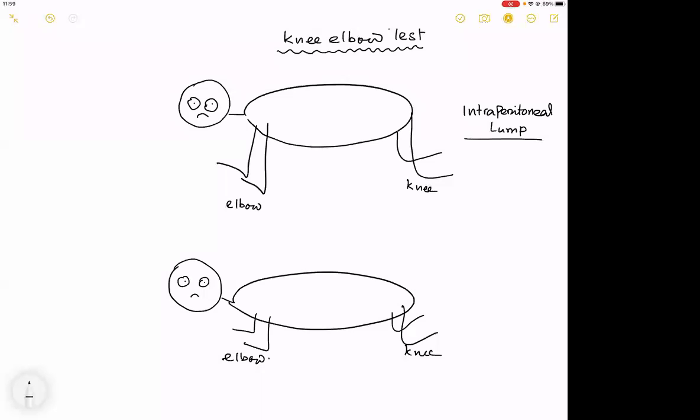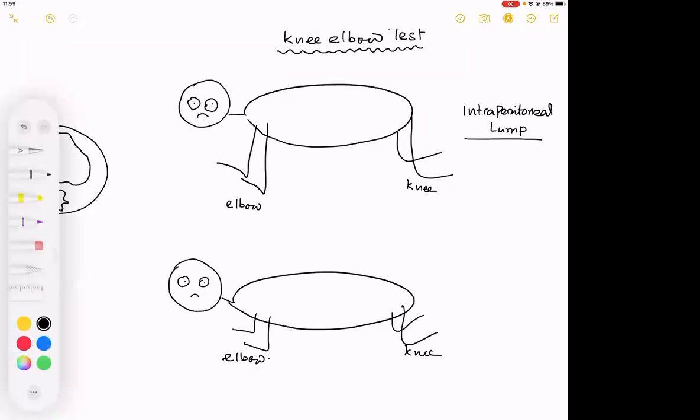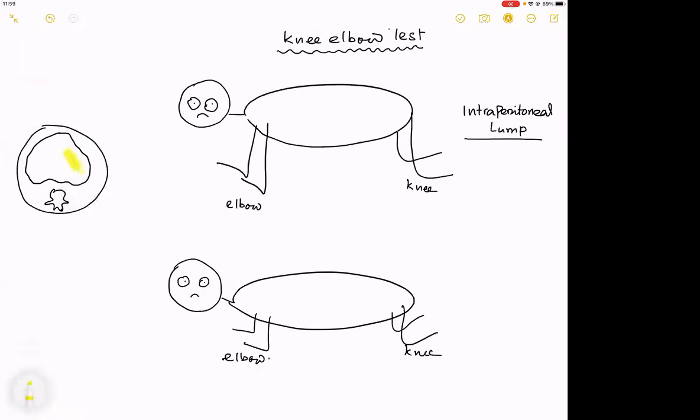If you think about the abdominal cavity, this is the vertebrae, this is the peritoneal area. With my color pens, this is the peritoneal cavity in yellow, and in green, this is the retroperitoneal area. I hope I've made things clear.